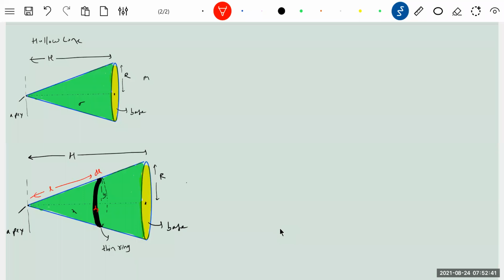Now what is the mass of that elemental ring? dm, that we should define. First of all, what is sigma? Surface area of a cone. What is the surface area of a cone?